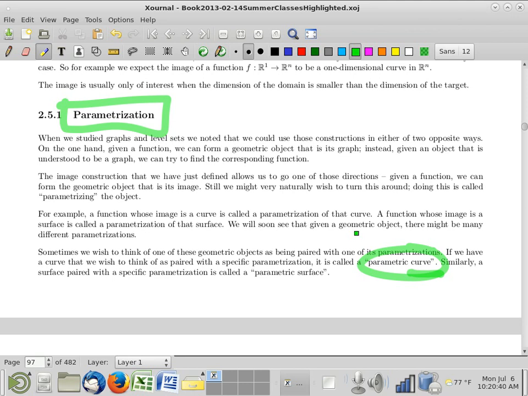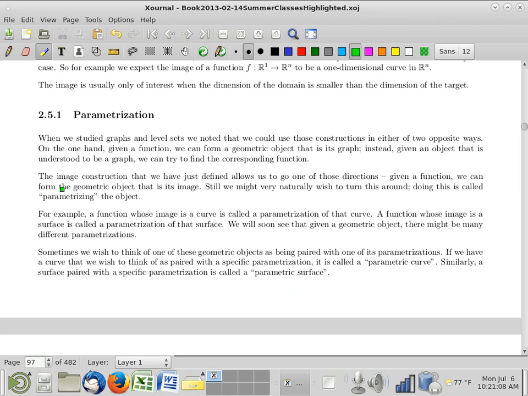Right? A parametric curve is that set of points with the understanding that it is paired with a certain function whose image is that curve. So it's both of them together. Okay, and likewise, if you can parameterize a surface, and we'll talk about that in a few minutes, then the pair, the parameterization and the surface together, we call that a parametric surface.